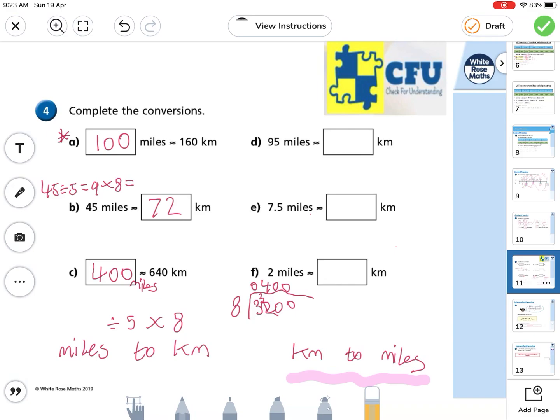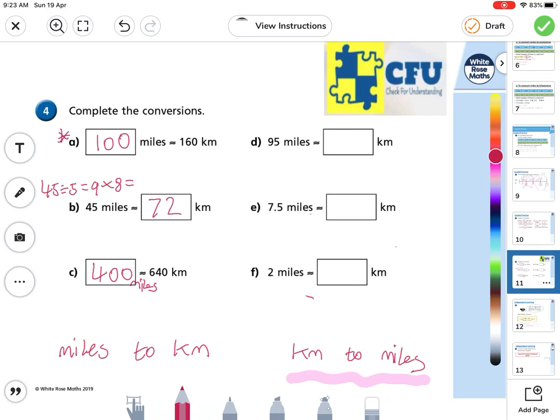Okay, let's go to D. 95 miles is how many kilometres? So again, from miles to kilometres, I need to divide by 5 and multiply by 8. So 95 divided by 5 equals 19.